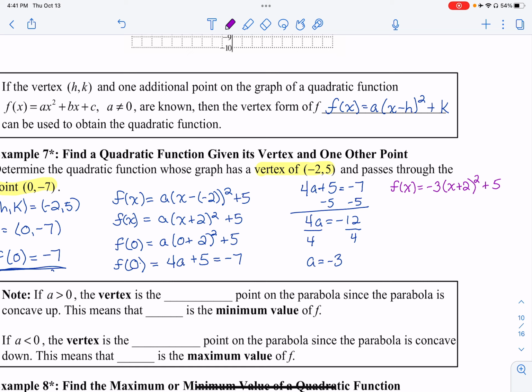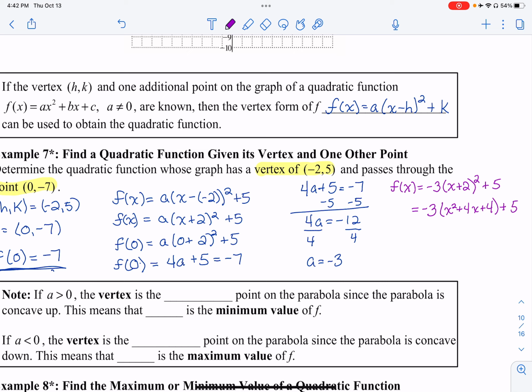If we want to put it into the regular quadratic function form, we can first FOIL the (x + 2)² part, and we'll get x² + 4x + 4. So we have −3 times that quantity, plus 5 still.